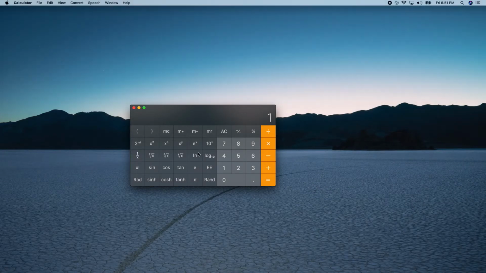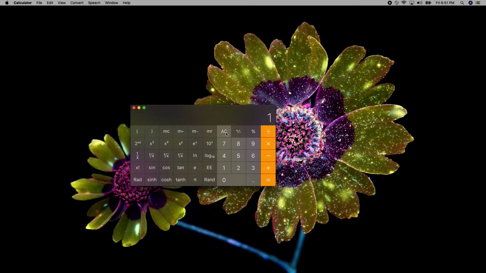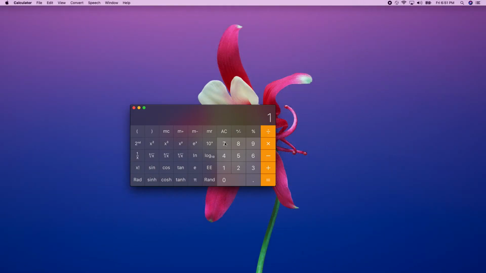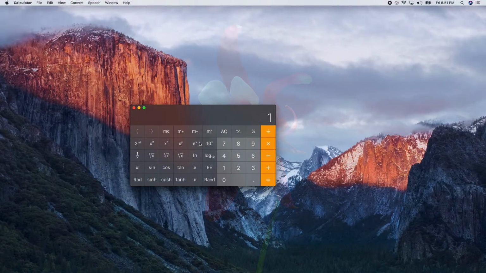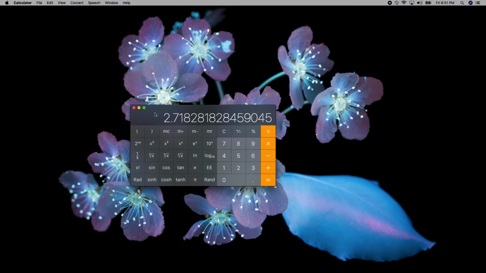So this is e, that is 1. Because you have a 0 here, e raised to the power 0 gives us 1. If you want 1, e raised to the power 1 gives us this.